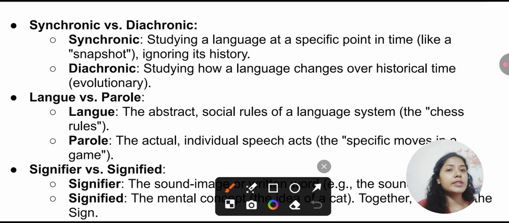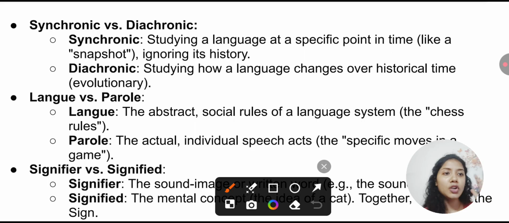So synchronic versus diachronic is a very important term. Synchronic is when we study the language at a specific point in time: how the language is used at a specific or the same point of time. For example, now the word we use is Gen Z. This is the word we use these days.